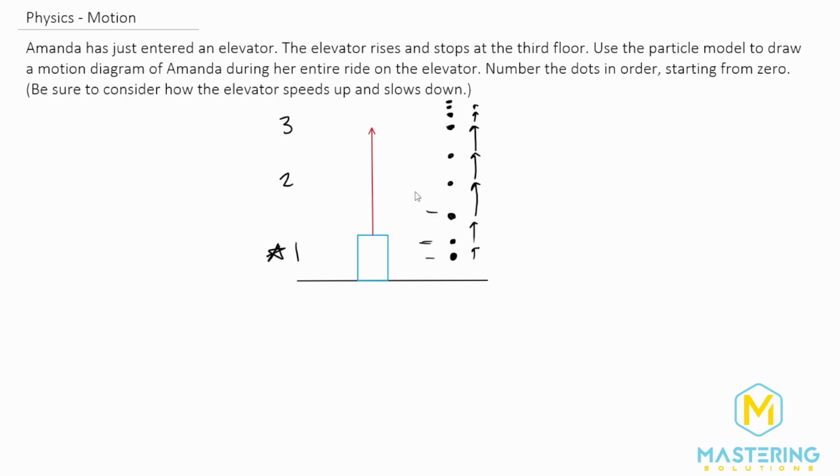This spot to this spot, another second, another second, another second. So it's consistently representing at the exact same time interval what the motion is doing and how they relate to each other. So this right here is what the particle model would look like for Amanda as she goes from the bottom floor to the third floor in an elevator.